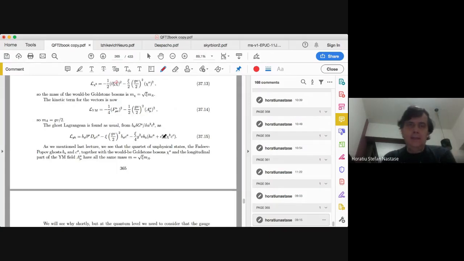And the ghost Lagrangian is also, as usual, the variation of the gauge fixing function G^a with respect to the parameter alpha^b, in between b-bar^a and c^b.